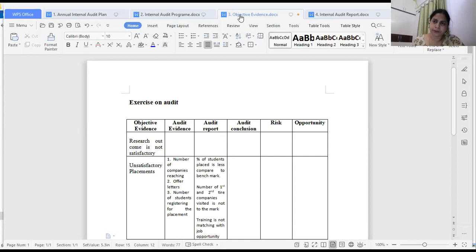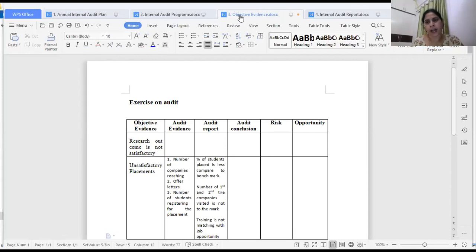If the observations are showing a risk, then what strategy is to be drawn to convert that into an opportunity? If it is an opportunity, then how do we make that opportunity into a strength? This is just to get ourselves into a mindset of what is happening and what further is to be worked out.